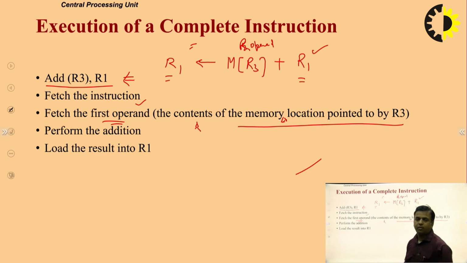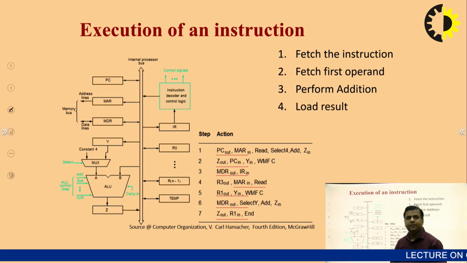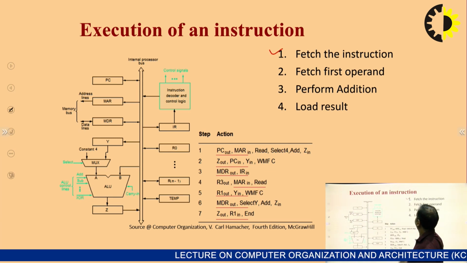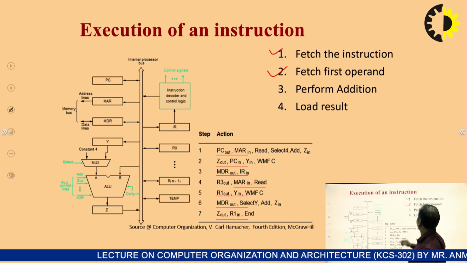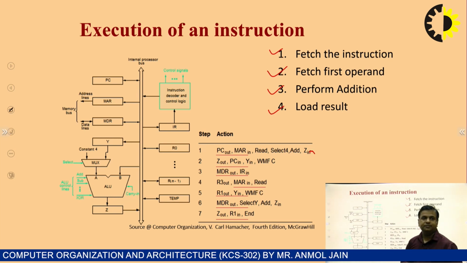Then I fetch the second operand, that is R1, then I perform the addition, and at last I load the result into R1. Let's see how it actually occurs. This is the complete flow of the instruction: first fetch the instruction, second fetch the operand, third perform addition, and fourth load the result, right?